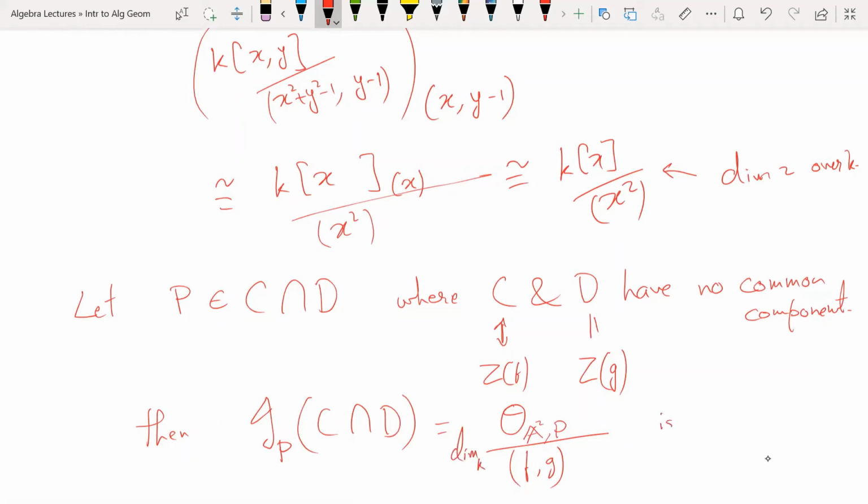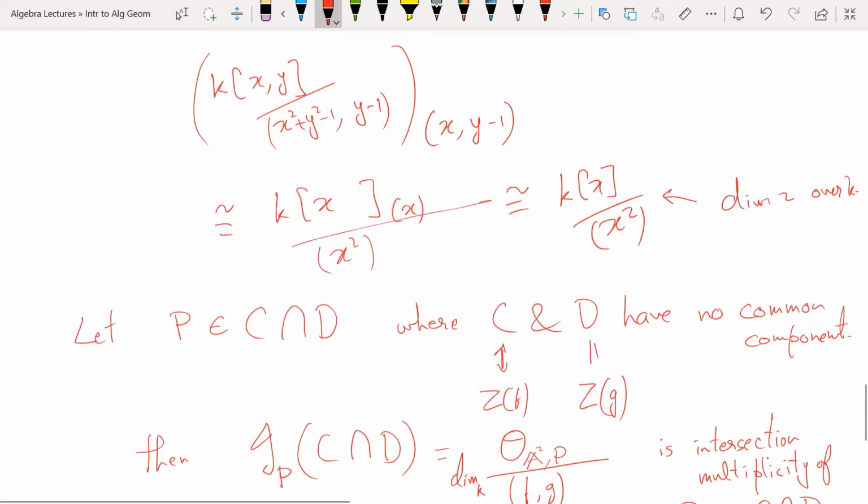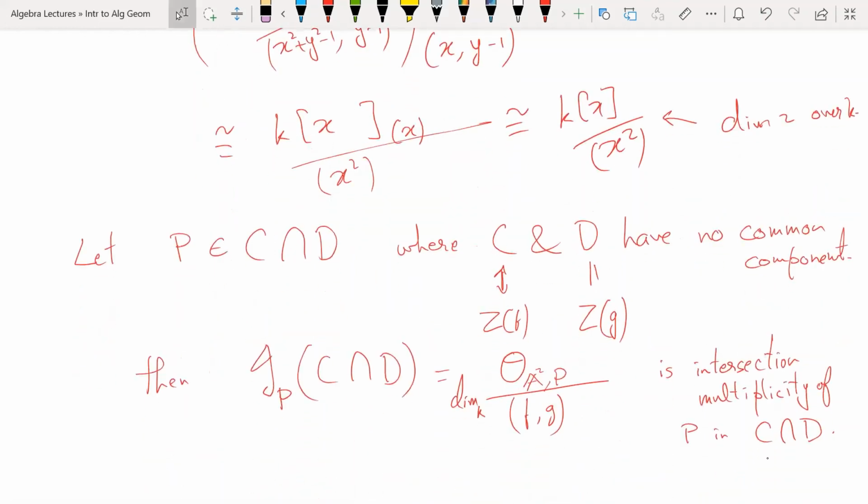So this is the intersection multiplicity of P in C intersection D. You can also check that if the point does not belong to C intersection D, then this number is going to be 0. Then the ideal generated by F and G is the whole ring itself.